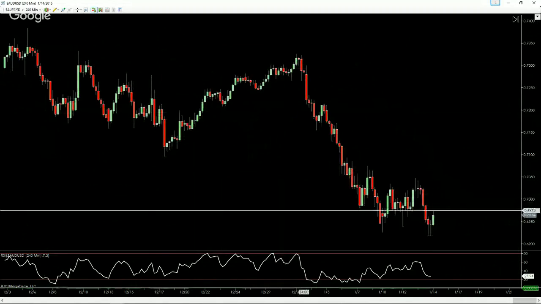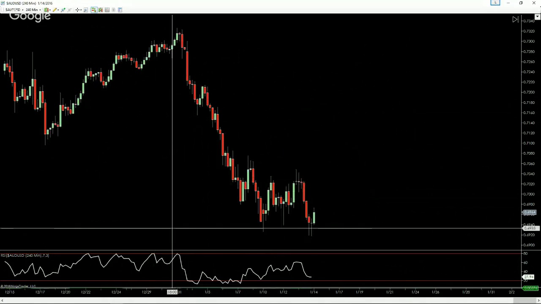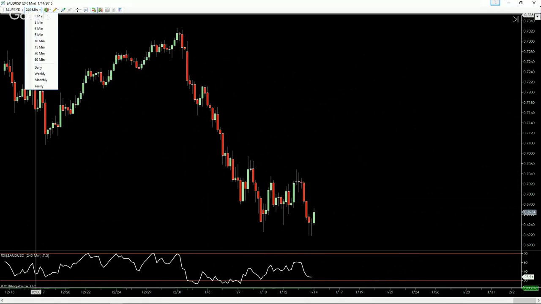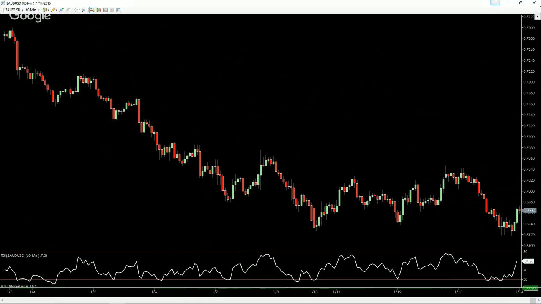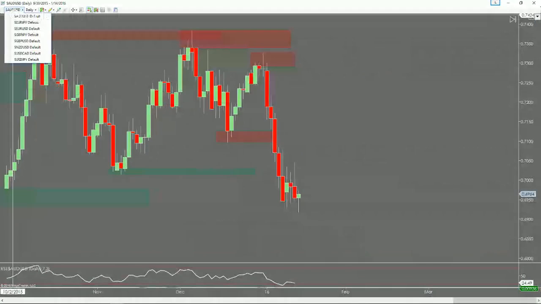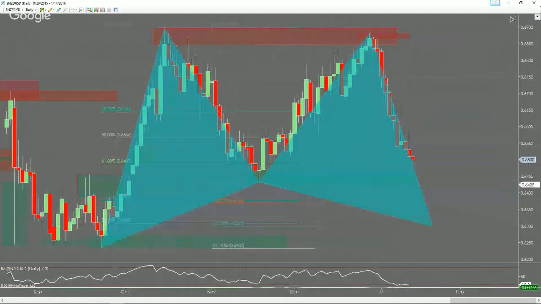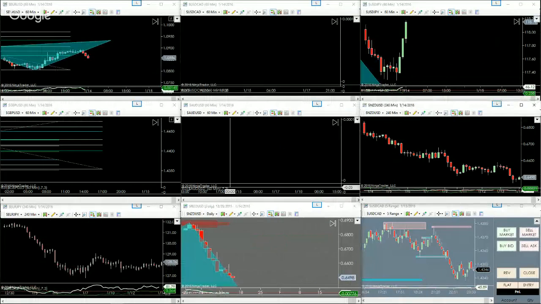Aussie dollar on the 240. Let's go to New Zealand. New Zealand, that daily Gartley is still heading to that completion point.